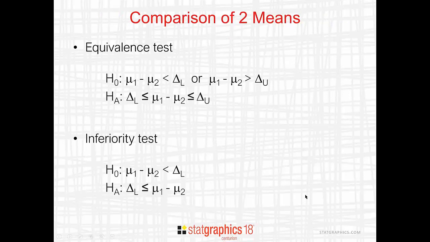Now, the way this is done, technically, is as follows. Let's suppose I have two means, the mean of a generic drug and the mean of a brand name drug. In an equivalence test, I would like to prove, and the thing that I want to prove always goes in the alternative hypothesis, I'd like to be able to demonstrate, beyond a reasonable doubt at least, that the difference between the means is greater than or equal to some lower equivalence limit and less than or equal to some upper equivalence limit.